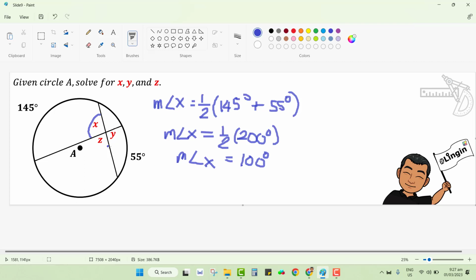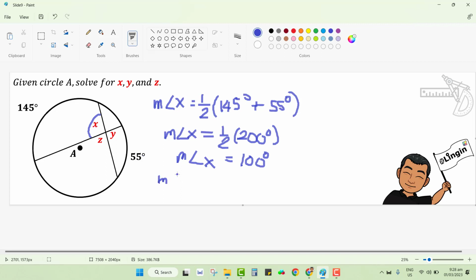For angle y, since it follows the same concept as angle x, it is half of the sum, or the average, of its intercepted arc, which is 55 degrees, and the intercepted arc of its vertical angle. So it will follow the same process. But of course, you can simply use the relationship of vertical angles, because the vertical angle theorem states that vertical angles are congruent.